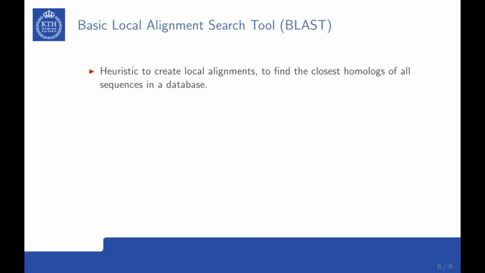With these concepts covered, I can now transition over to what I really want to discuss, and that's the basic local alignment search tool, BLAST for short. It's a very well used tool. It's actually one of the most cited papers in bioinformatics, if not in all of science.